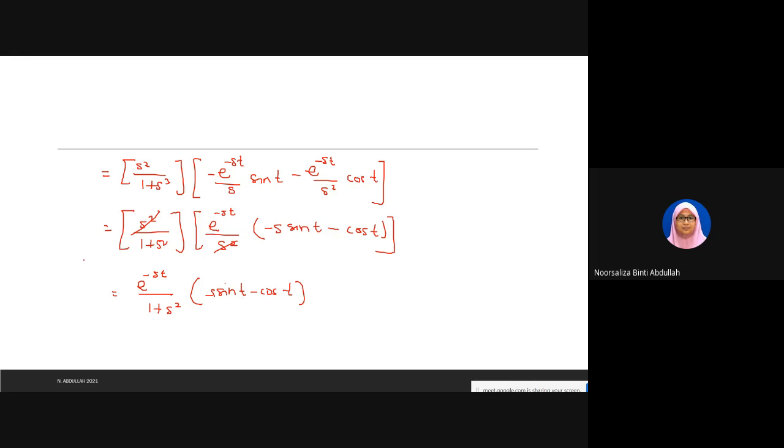Okay. So this is your answer and then you replace T with 0 and pi.